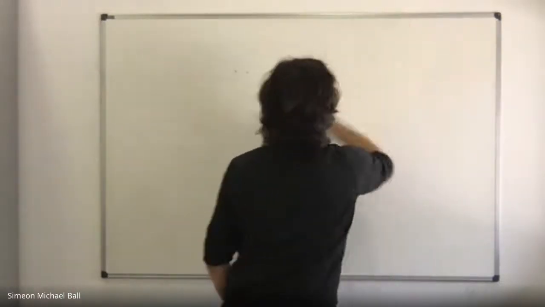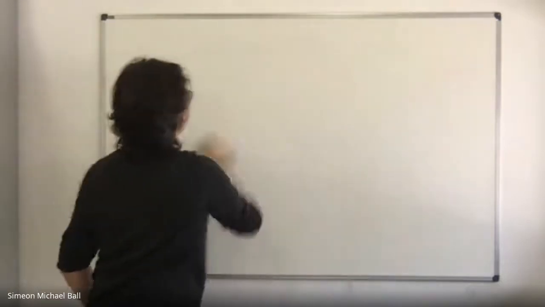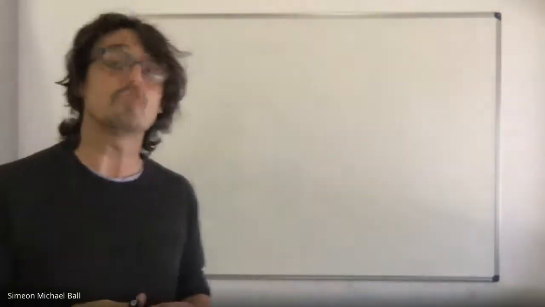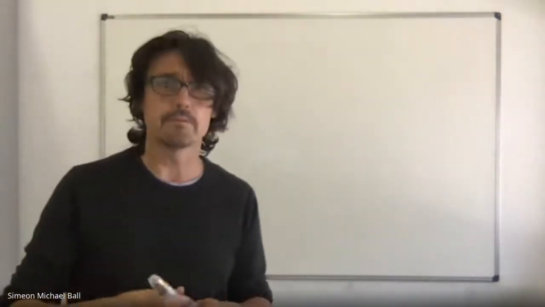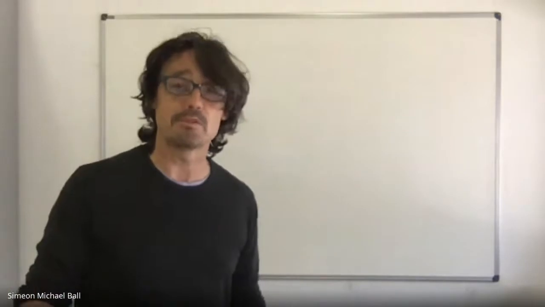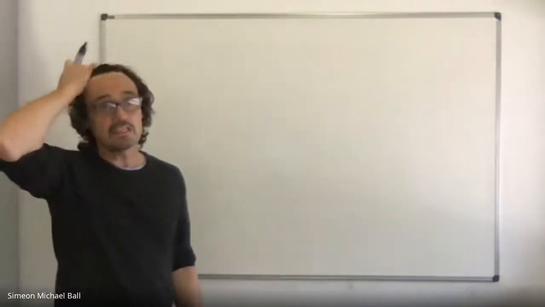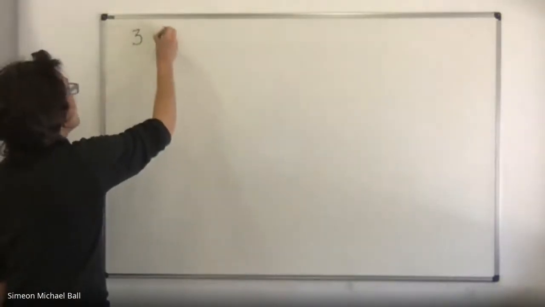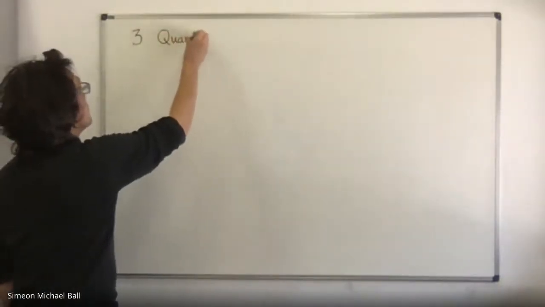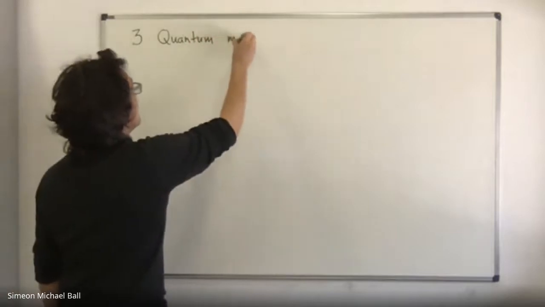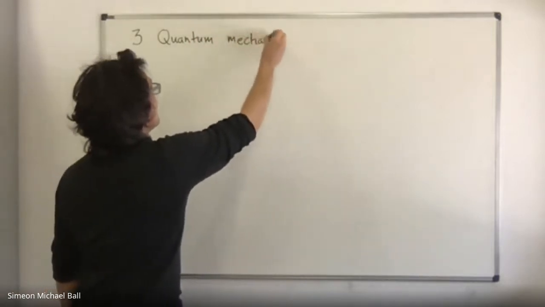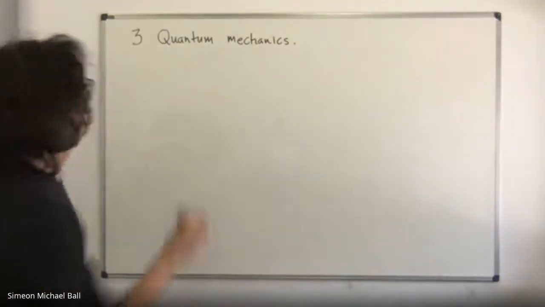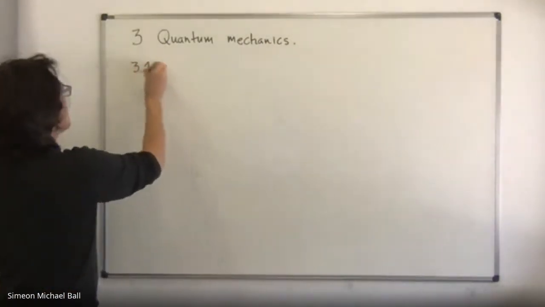And at the end of this section, of section 3, we will try and go through some, well, I won't actually do the experiment, but some experimental results indicating that this is the correct way to look at our universe. So this is now section 3.1, the state space.